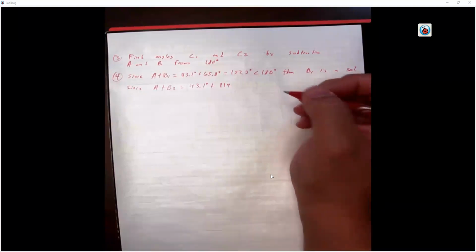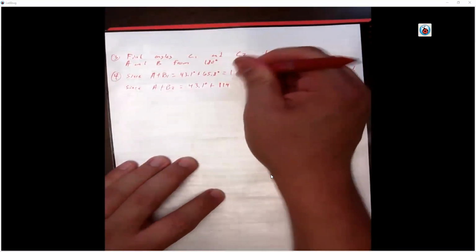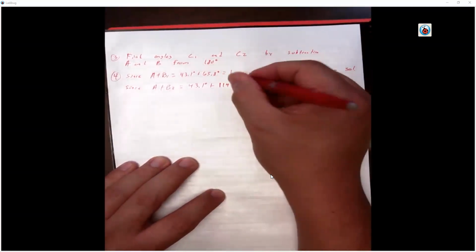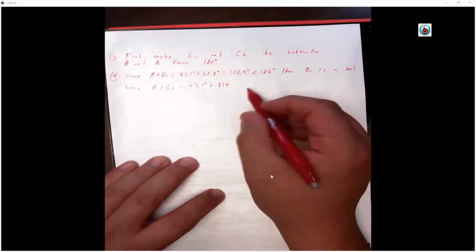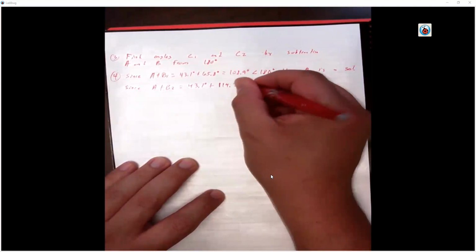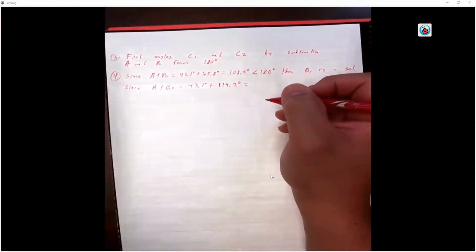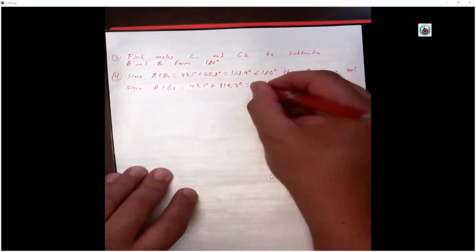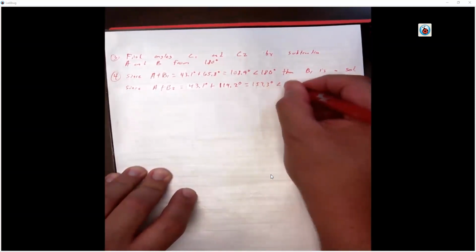I think I got it backwards earlier. Yes, the 108.9 was the first one. So the 43.1 plus 114.2 is 157.3. Since they're both less than 180, we have two triangles.